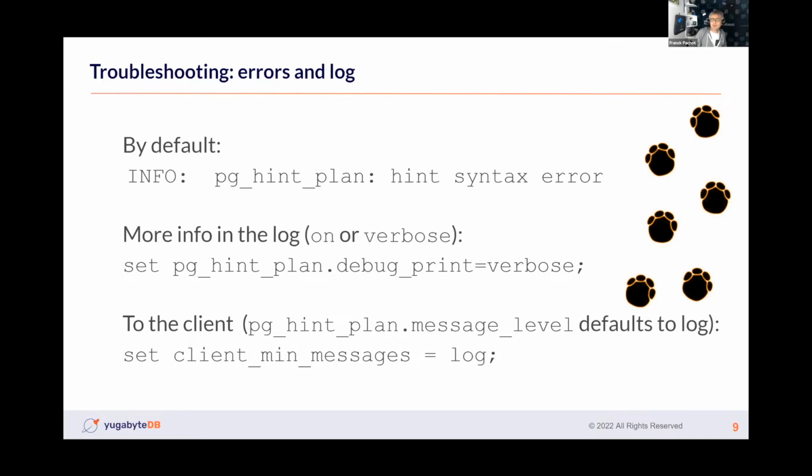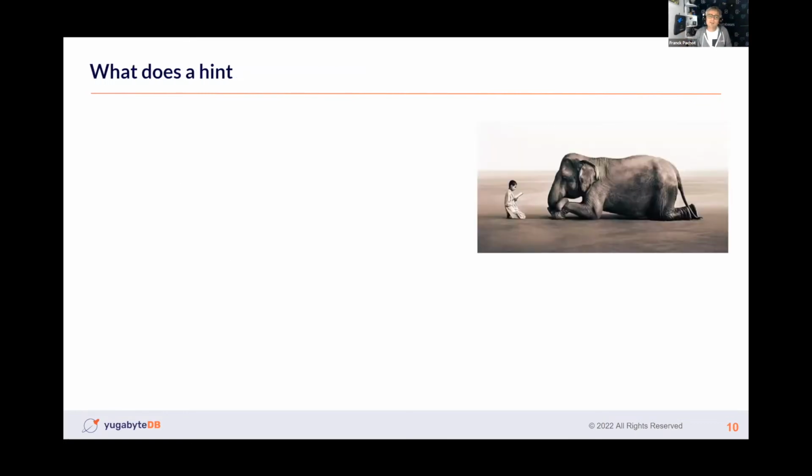Okay, and last point about those basic recommendations before using hints. What does a hint do? A hint doesn't force anything. There is nothing like forcing the query planner to use an index. The hints, like their name is saying, are just giving some hint on what will be considered by the query planner.